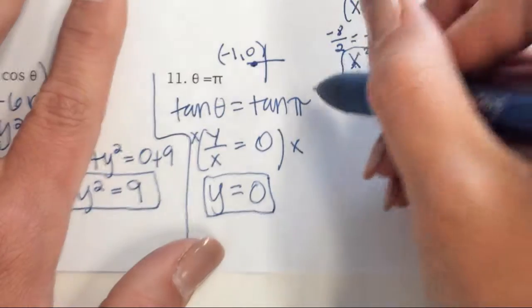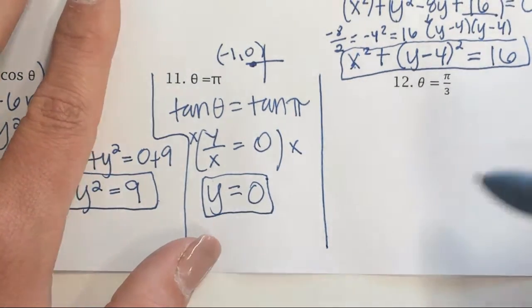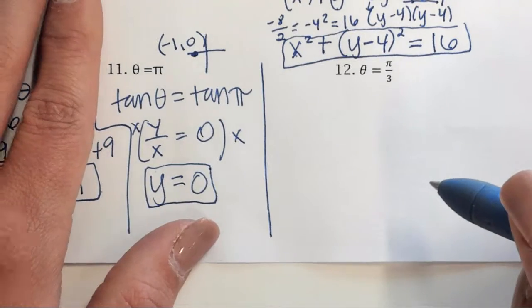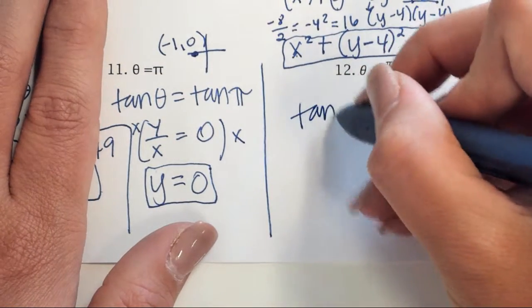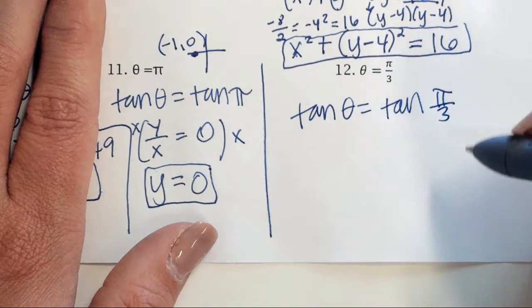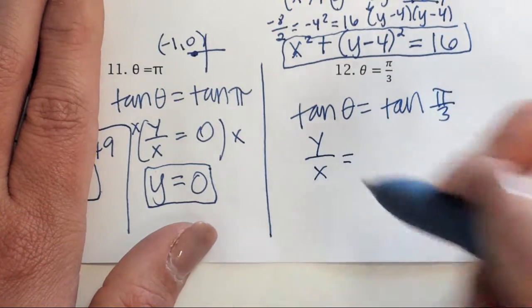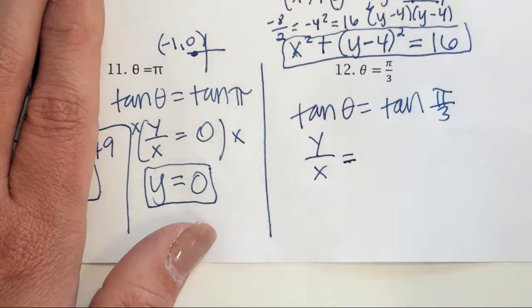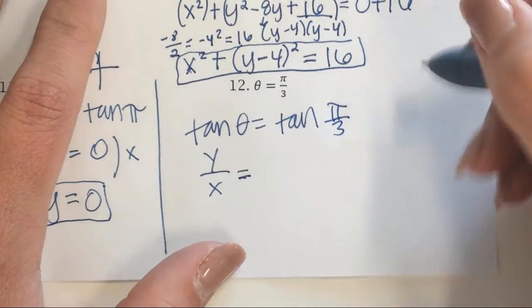Alright, last one, and then I'll let you try some more. Alright, so what's our first step if it's just theta? Tan on both sides. Alright, we can replace the left side with what? Y over x. We have to find tan of pi over 3. Well, what is pi over 3? What is it? 60 degrees.